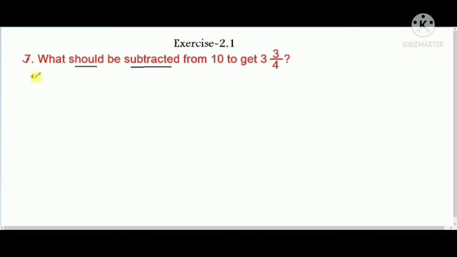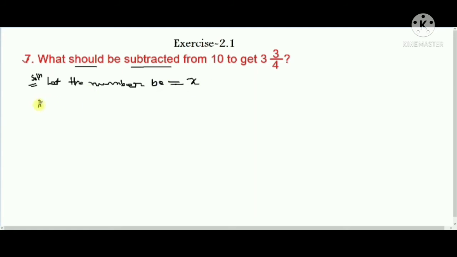Okay, so in the solution we'll write first, let the number be x. That means if you subtract x, then you will get this number, 3/4. So we have taken, let the number be x.